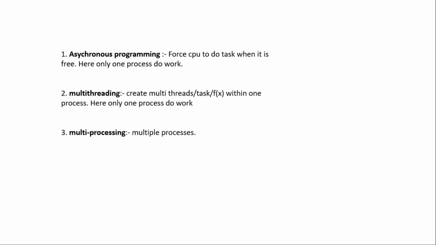In multiprocessing, as the name suggests, we create multiple processes. In the previous slide, I wanted to compute the square root of each element of an array, so I can create three processes for doing this type of task.